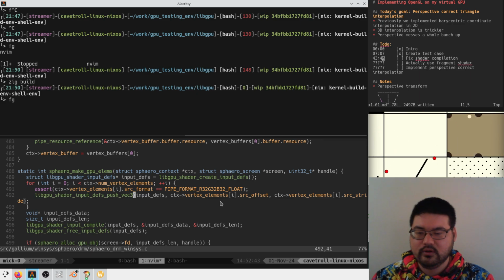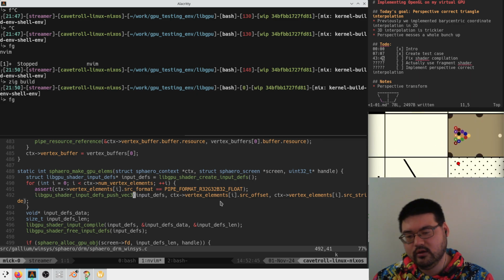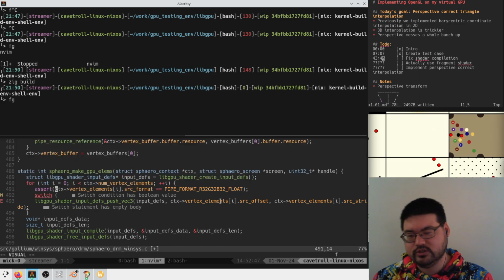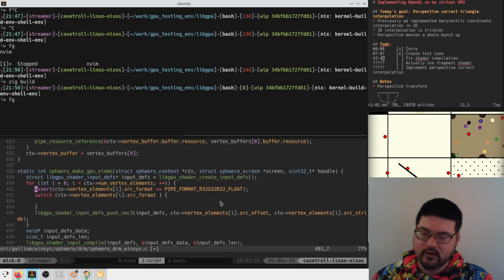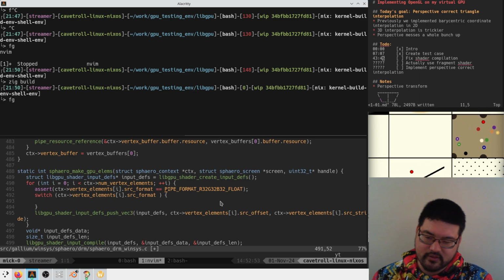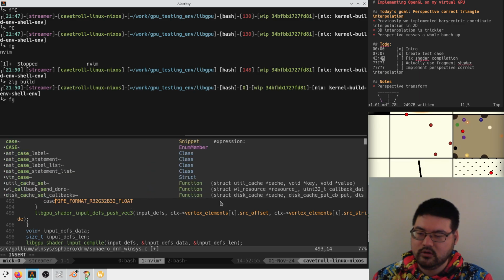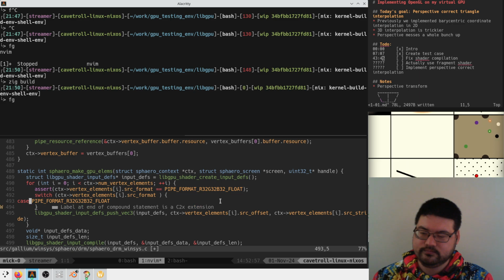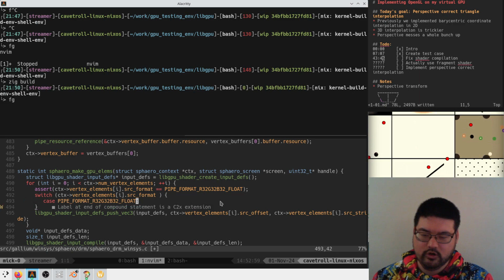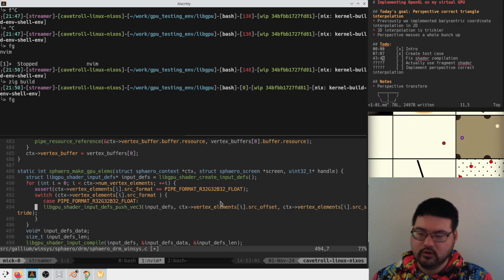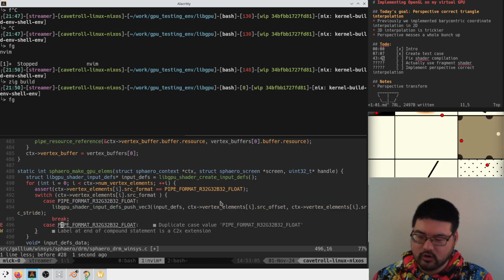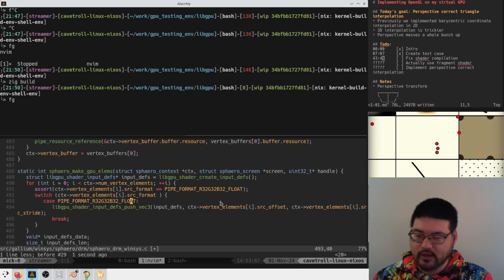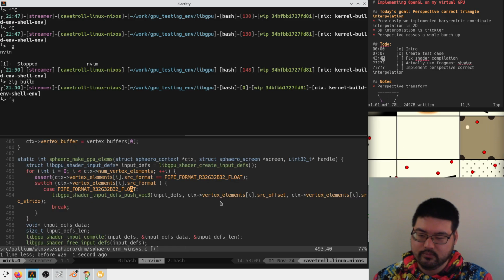Now, I think we can just do this. So we switch on the format. If the format was this thing, we do whatever we were doing before. And then presumably there's one for just R32 float.